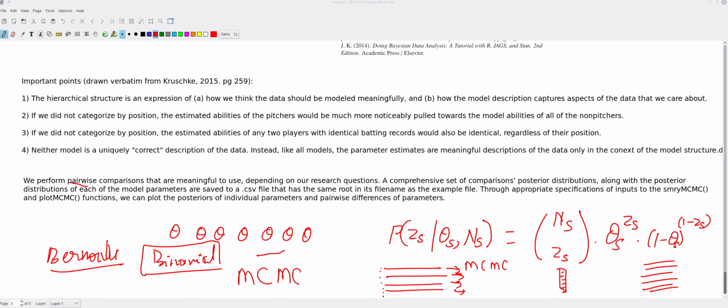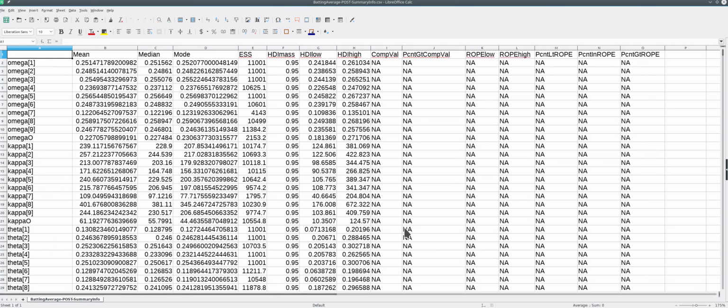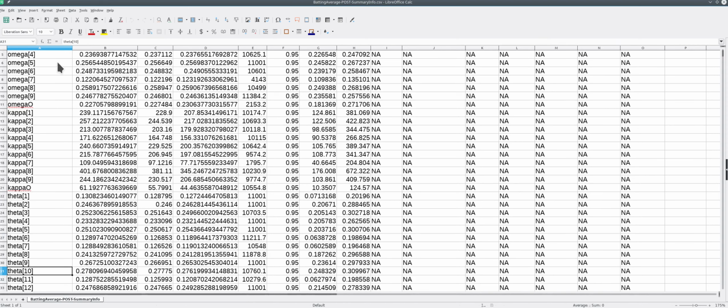If I pull up this CSV file over here, you will see the estimations of all of the parameters in our model, all the individual parameters, I should say, all the omegas, all of the kappas. Now remember, these are the category omegas. And there's the overall omega, there are the category kappas, there's the overall kappa, then there are the thetas.